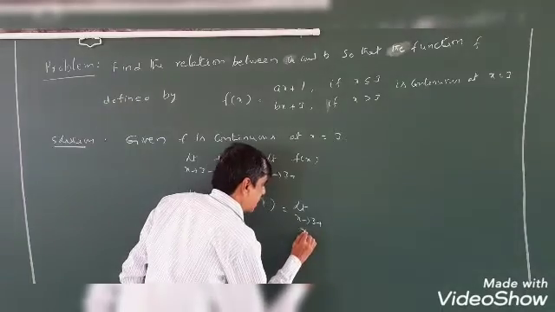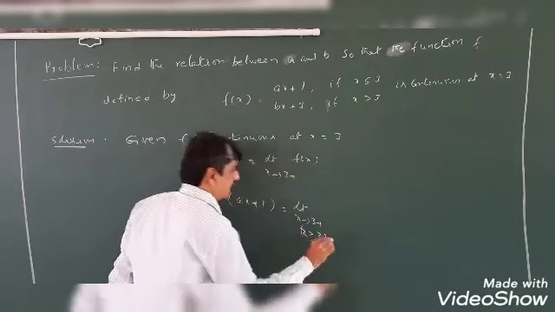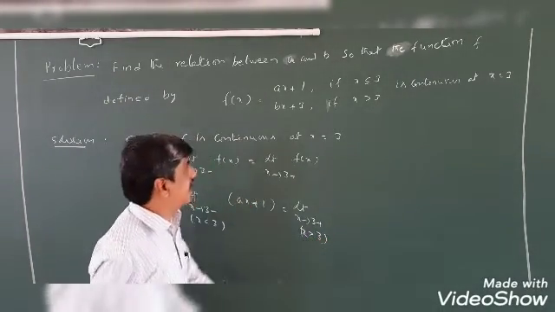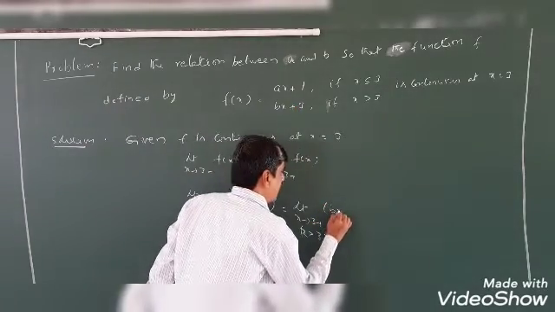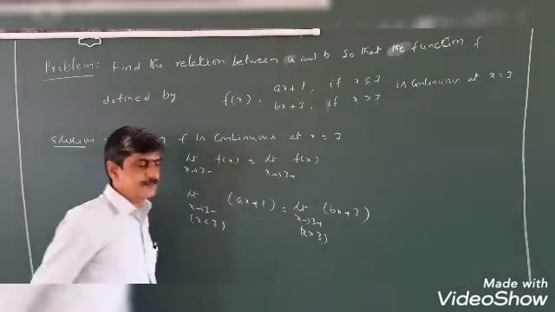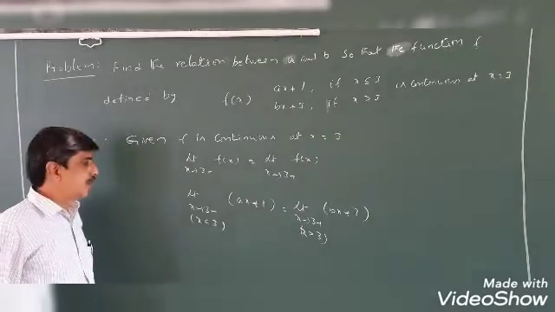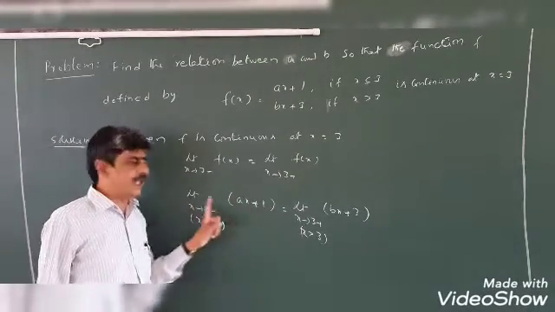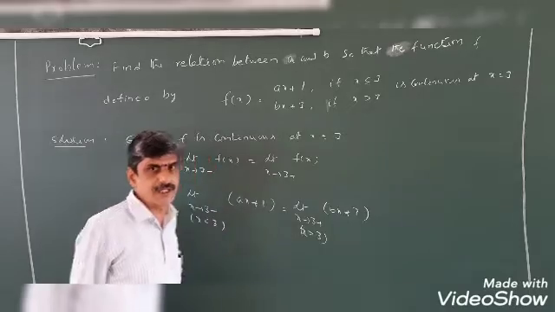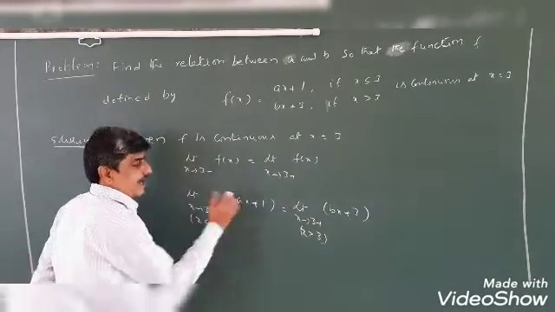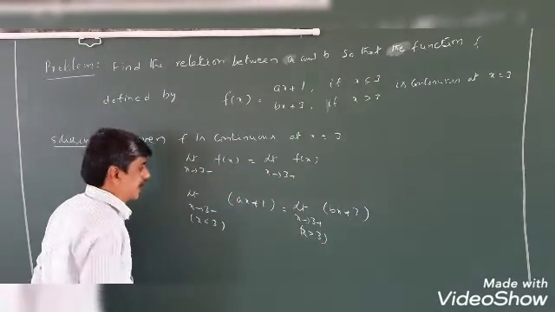So 3 plus means x greater than 3. If x is greater than 3, the function is defined as bx plus 3. To evaluate this limit x tends to 3 minus or limit x tends to 3 plus, write 3 in the place of x.